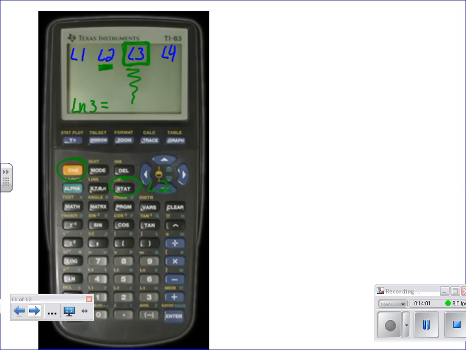You're going to do the same thing over here with L4. You will go up to the top, and you will highlight your L4.